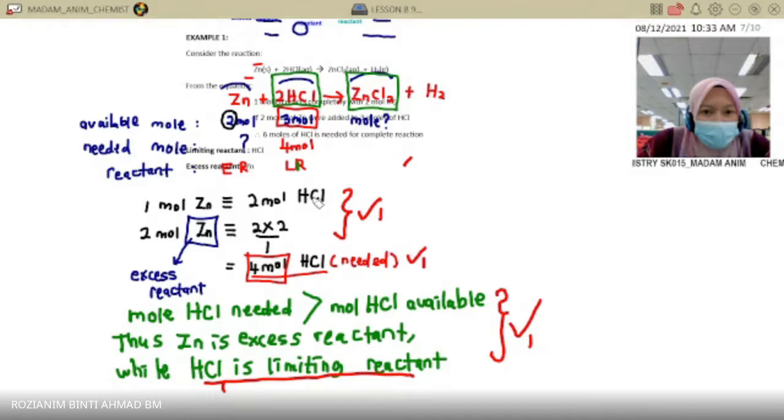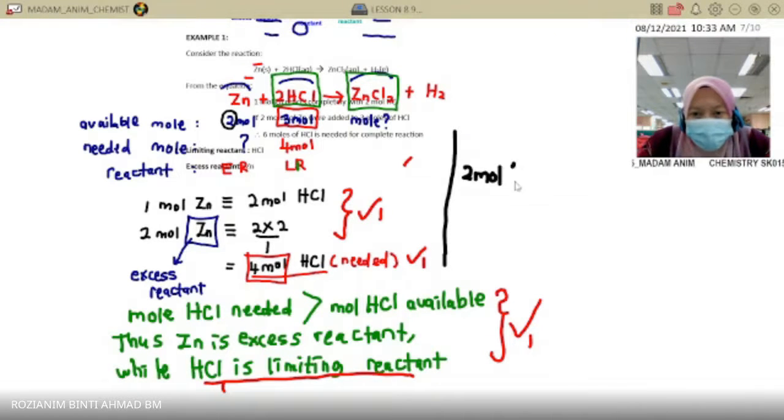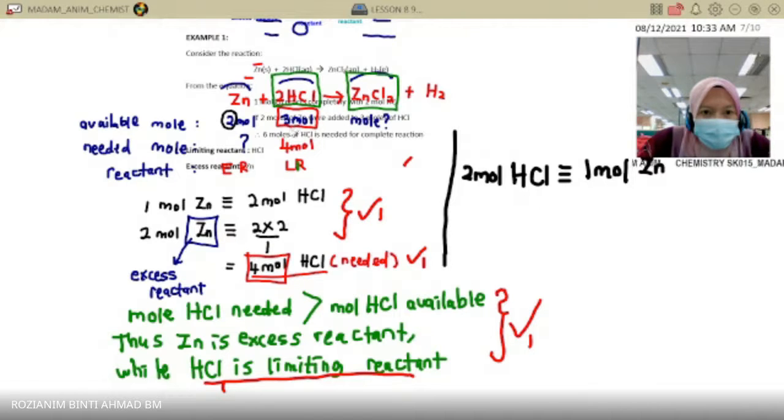So, maksudnya saya guna reference hydrochloric acid daripada balancing. Starting by 2 mol left hand side. So, if saya menggunakan hydrochloric acid sebagai rujukan, 2 mol hydrochloric acid equivalent to, daripada equation, 1 mol zinc. Maksudnya sebelah kiri saya tulis hydrochloric acid, so saya mesti guna the available mol for hydrochloric acid, which is 3.